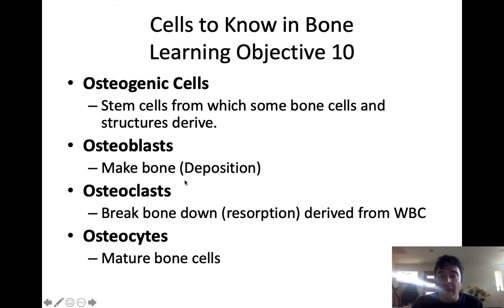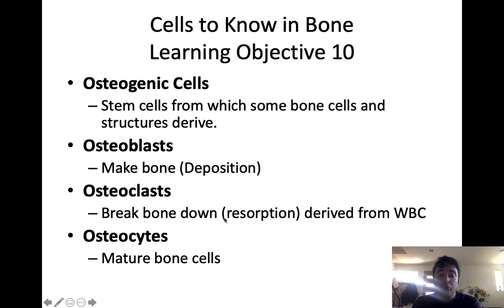Another word for making new bone is bone deposition. As osteoblasts make new bone, eventually they become entirely surrounded by bone. When they become entirely surrounded by bone, they change physically and metabolically to form mature bone cells called osteocytes. So an osteogenic cell becomes an osteoblast. It makes new bone. Once it's surrounded by bone, it changes to become an osteocyte.